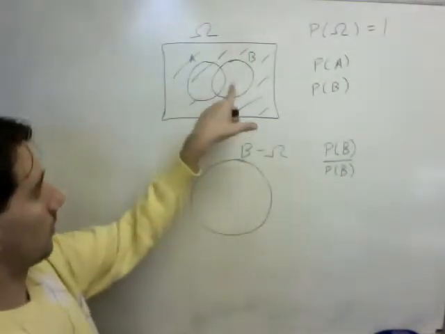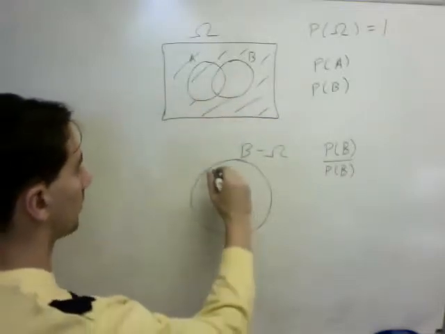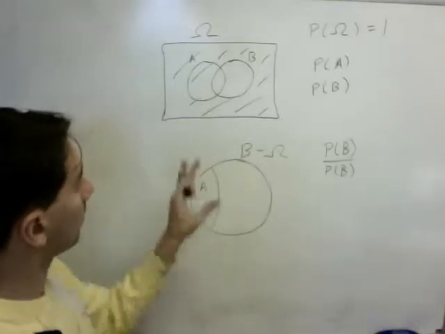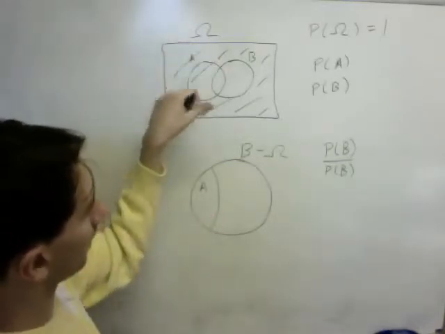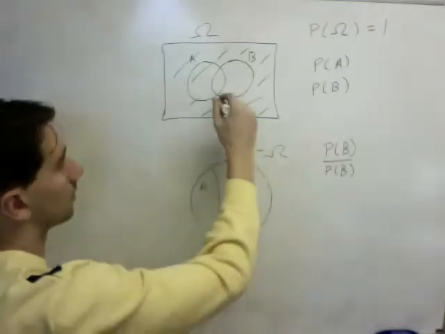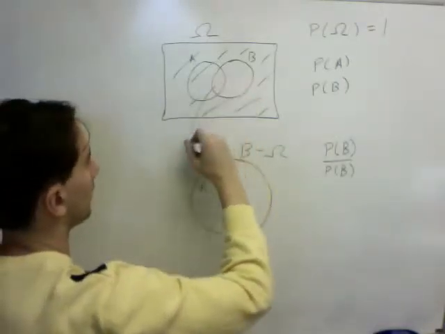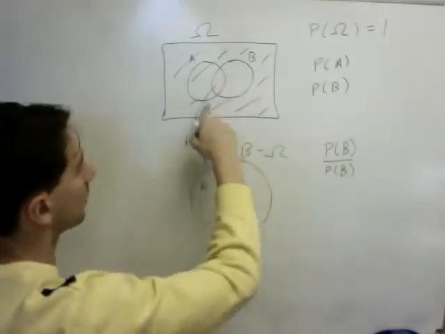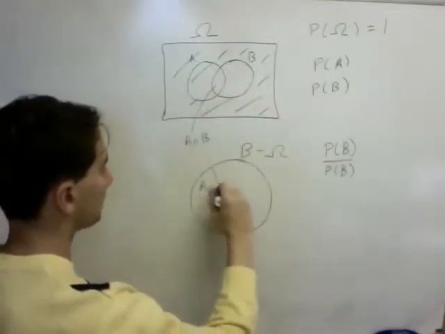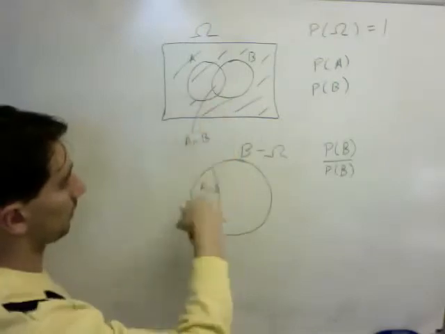And we want to know if A occurs or not. So here's this little piece, like that. This is the stuff that's in A. A was this whole set, but we threw away everything except for that little sliver. Or, well, I call it a little sliver. It's really just what's in A intersect B. So this whole thing is actually A intersect B from the original picture.